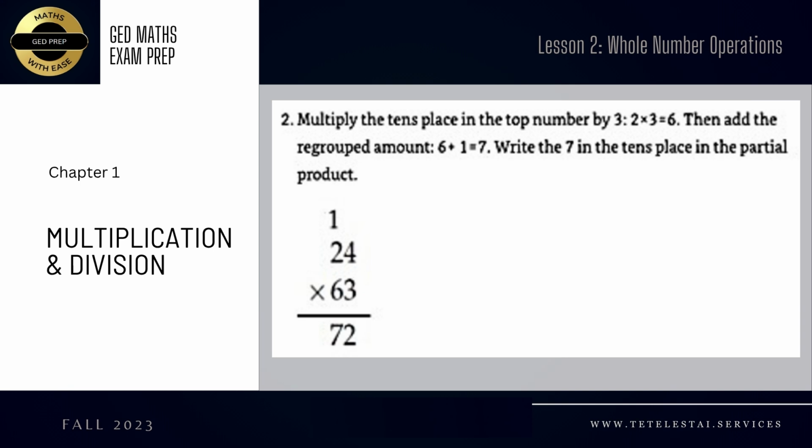If there's a number to the left of that, you would include it, and so on and so forth until you continue with the numbers in that particular row before you move on to the next place, which would be the tens. So now we've completed the multiplication of the ones place. We've multiplied 3 by 4, and we've multiplied 3 by 2, and we have 72.